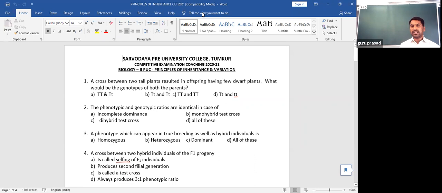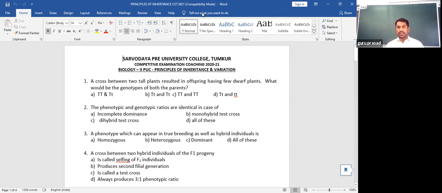Suppose both parents are pure line tall; no doubt all the offspring, irrespective of F1 or F2 generation, will show the same condition, tall only. Or if both are pure dwarf, then we obtain only dwarf. Such parents are called pure line parents.